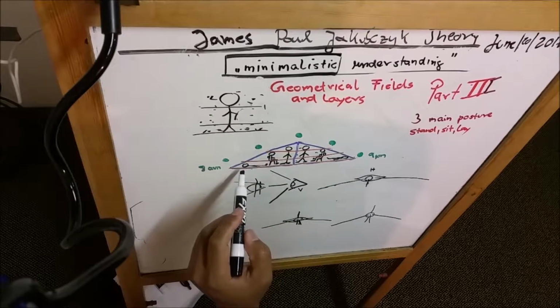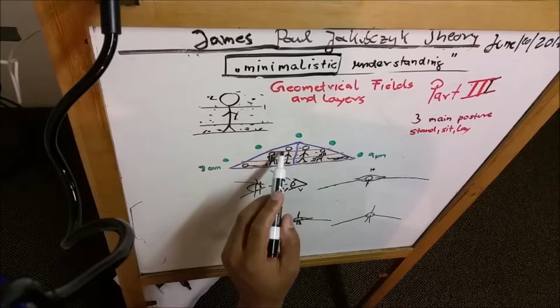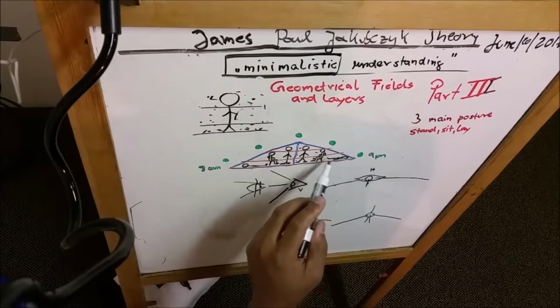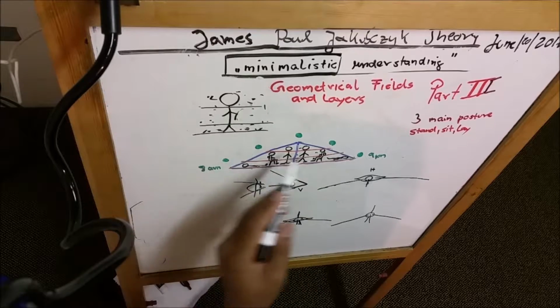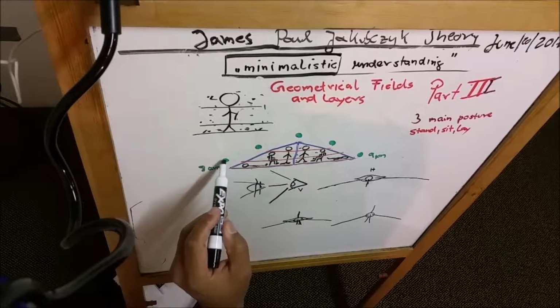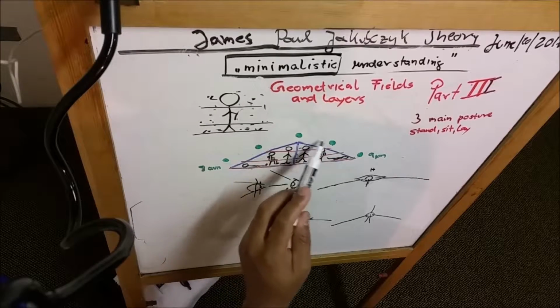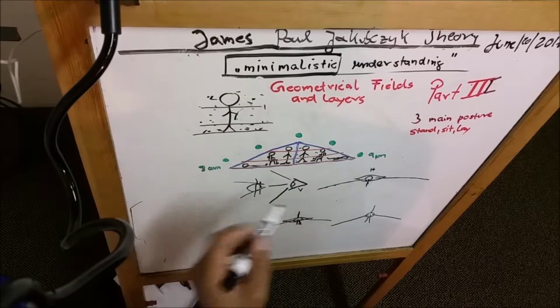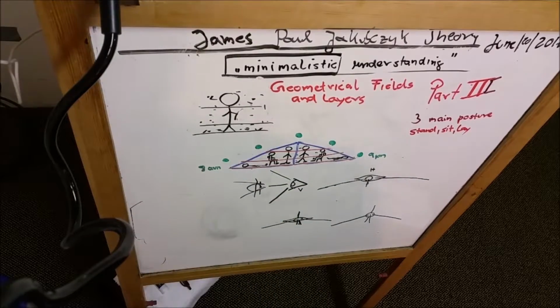We sleep, then we rise up, we're standing, and then we're sitting back and going to sleep. It's similar to the sunrise and the sunset, which I drew here: 8 a.m. the sun rises, noontime, and then 9 p.m. Very similar. It's all geometrical functions.